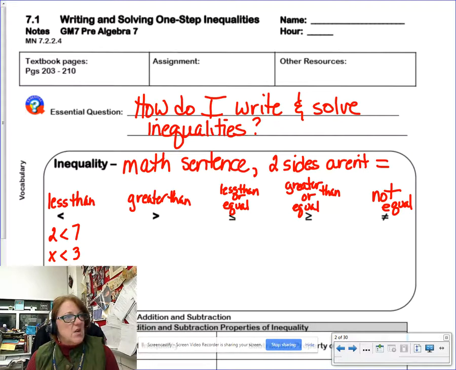No. So I can't include 3, but I can include absolutely every single number before 3, like 2.9999999999999. Okay, see what I mean? So put an open circle here at 3 and put it right on the line, not above the line, on the line. Make it so that it's open at the 3, and we need to include every single number in this direction. And notice that's how your arrow is pointing.